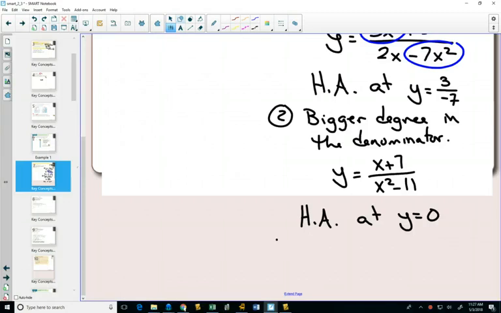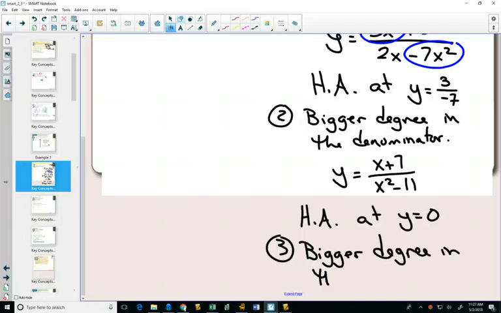And the third thing that could happen is when you have a bigger degree on the top, or in the numerator.